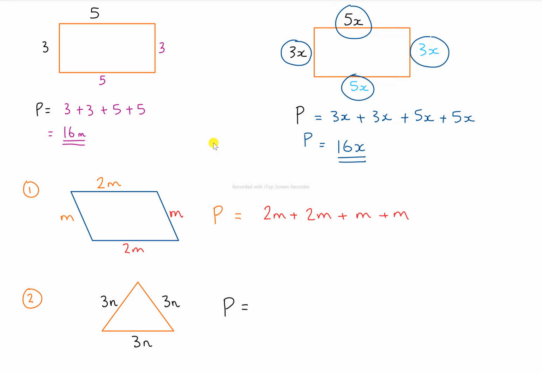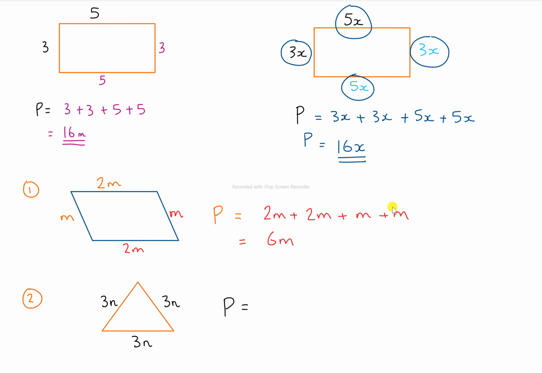Because they're all m's, I've got 2 plus 2 is 4 plus 1 is 5 plus 1 is 6. 6m. I was going to do a little cheat in my head and I got confused. So you have to be careful with that.